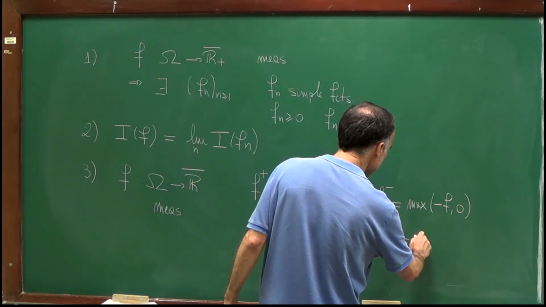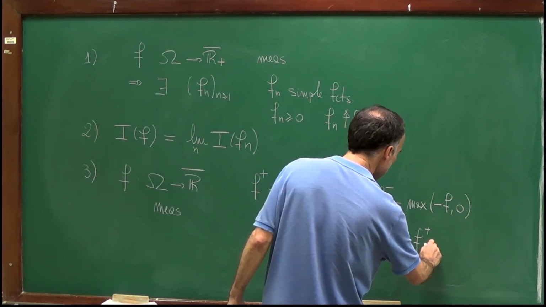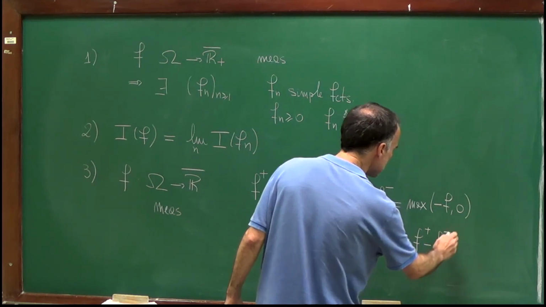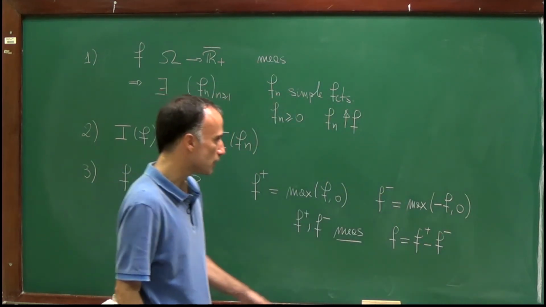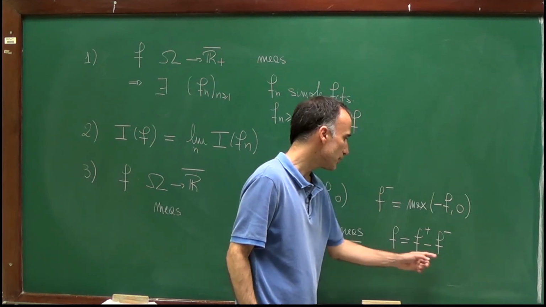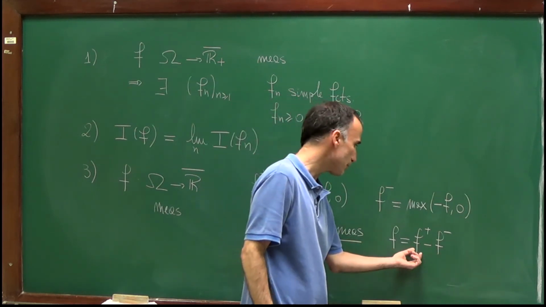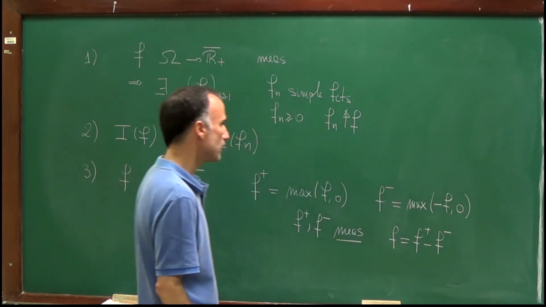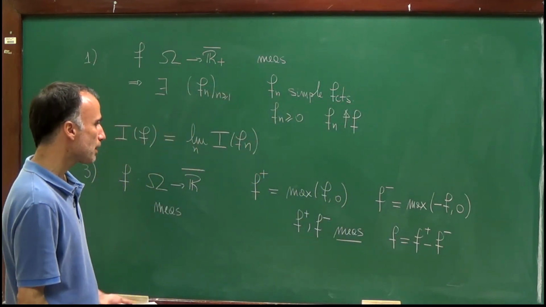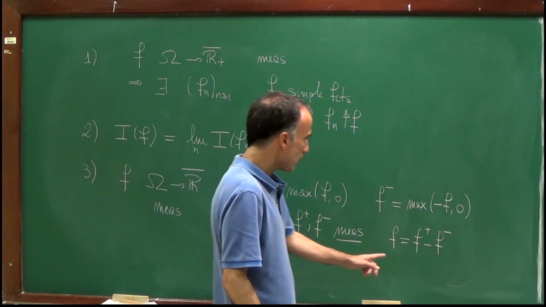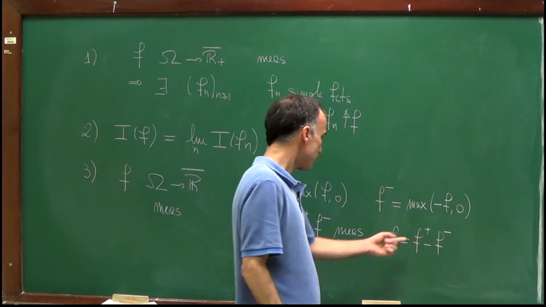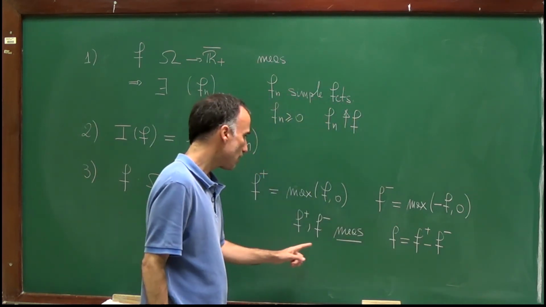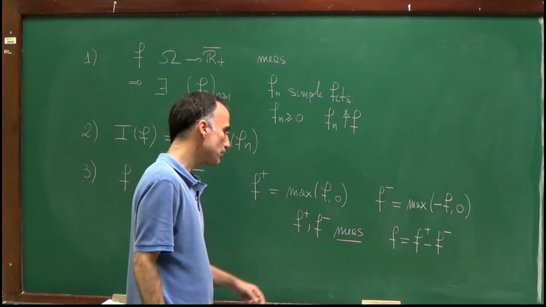Well, it's clear that f can be written as f plus minus f minus. Observe that they can't both be equal to plus infinity, because if f plus is equal to plus infinity, then f minus is 0, and conversely. So we have, f plus and f minus are non-negative and are measurable.